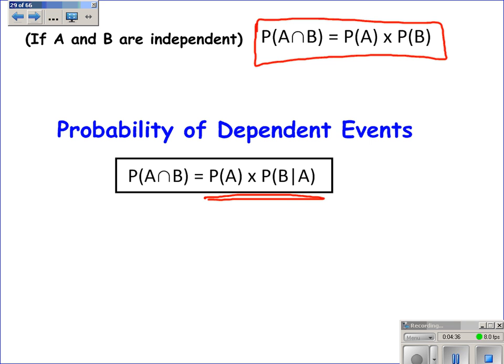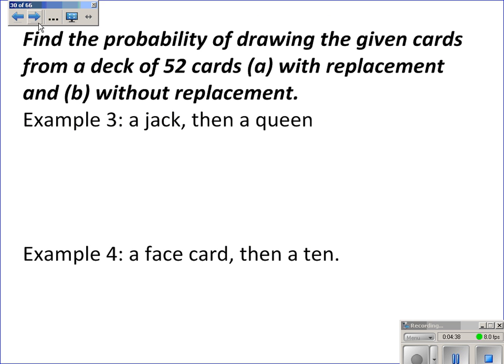Here's an example. Find the probability of drawing the given cards from a deck of 52 cards with replacement and without replacement. In A, I'm drawing a jack and then a queen. With replacement, the probability of first drawing a jack is 1 out of 13.